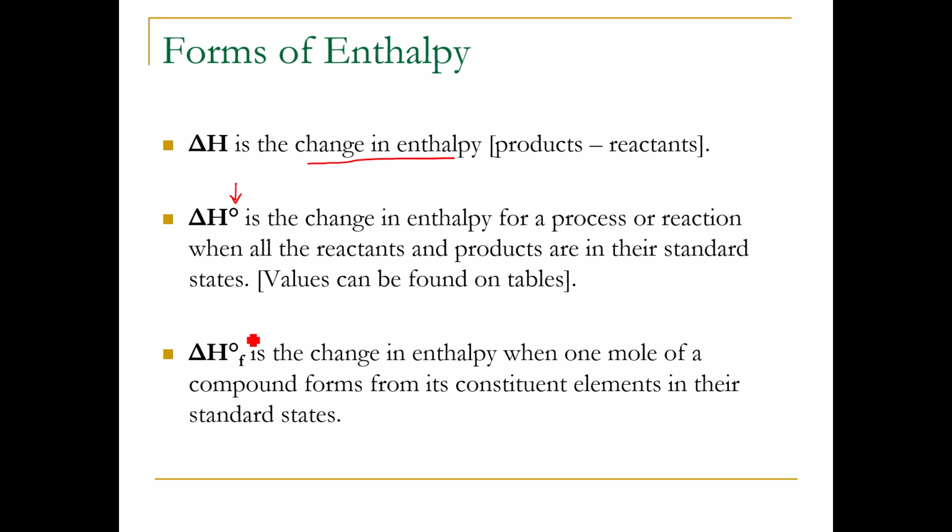Adding to the little circle, this last one, we also have an F. So standard state conditions, this is change in enthalpy of formation. So the little F means formation, and we're going to get to what that means as well. Alright, so we can calculate delta H for any reaction. We can also find delta H at standard state conditions, or we can find standard state conditions for heat of formation.